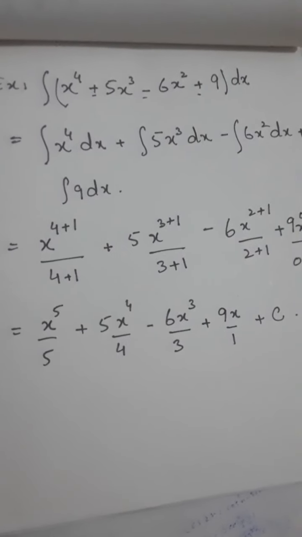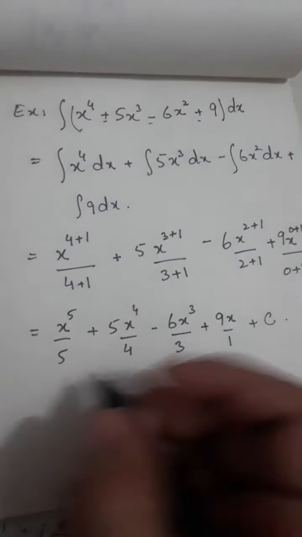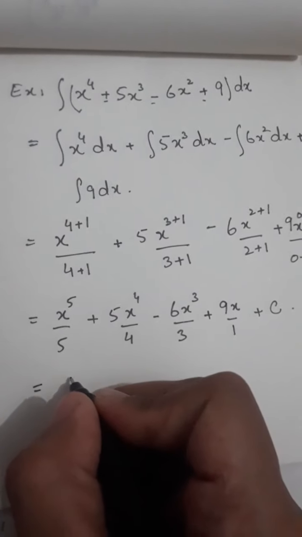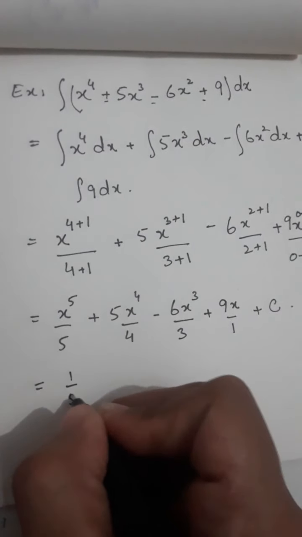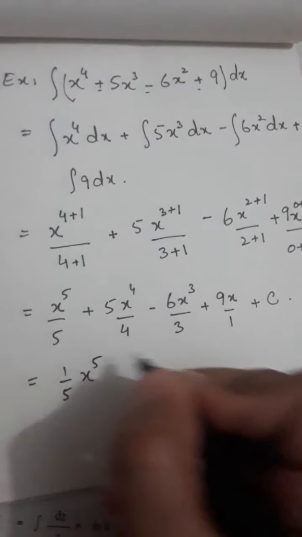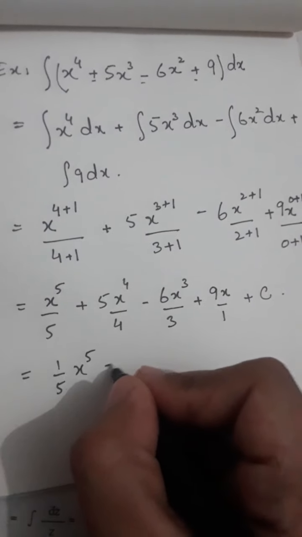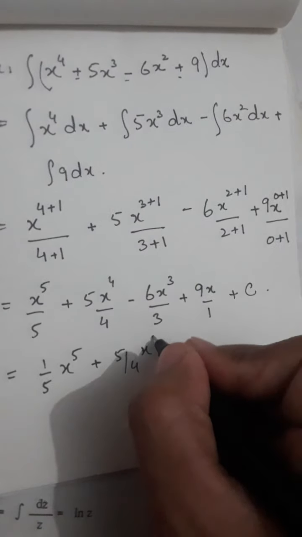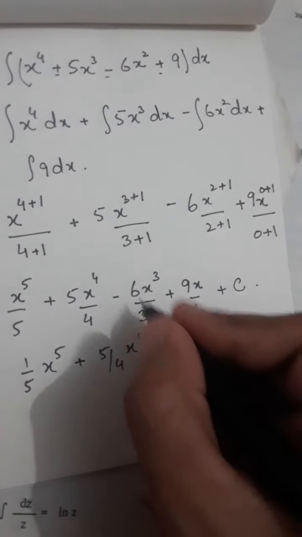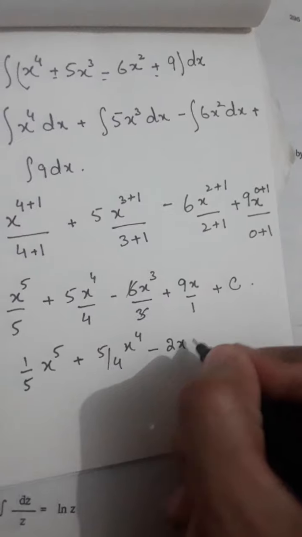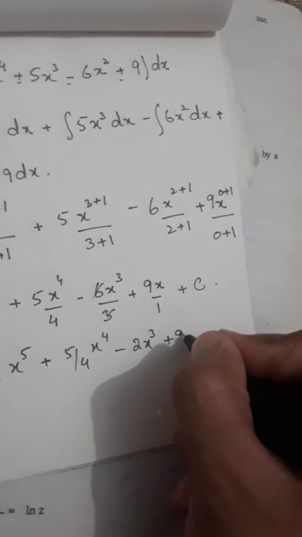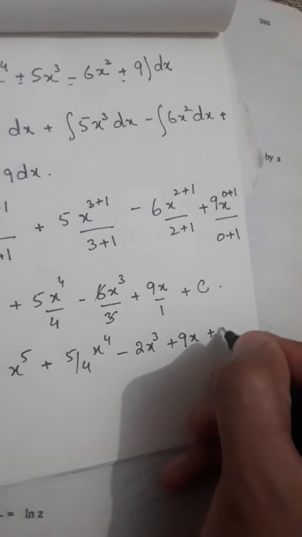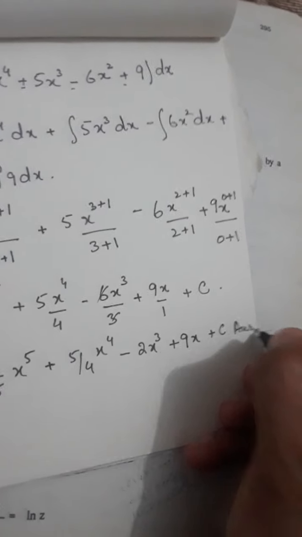We'll be writing plus c because this is an indefinite integral. In simple words, or simplifying, we can write it as 1 over 5 times x power 5 plus 5 by 4 times x power 4 minus, I'll cancel out and I'll be left with 2x cubed plus 9x plus c, and that is going to be my answer.